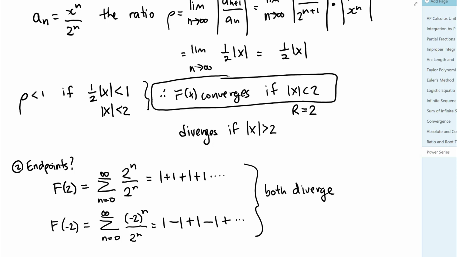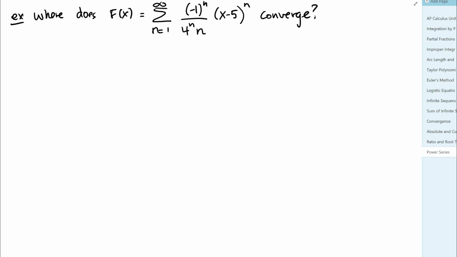Let's take a look at another example. Where does the power series described by f of x equal to the sum from n equals 1 to infinity of (negative 1) to the n over 4 to the n times n, times (x minus 5) to the n converge? So we define our a sub n value to be this.